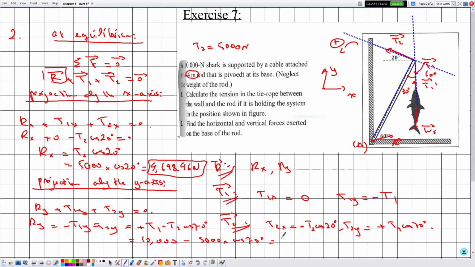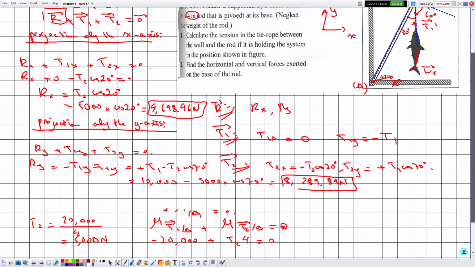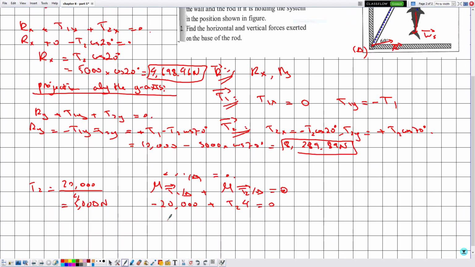On the calculator, this is equal to, so as expected, 8,289.89 newtons. So these are the horizontal and vertical forces exerted on the base of the rod.